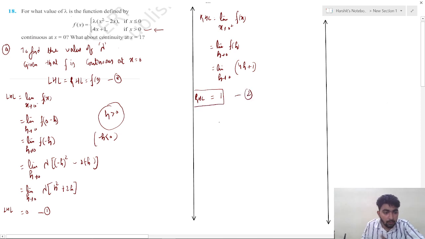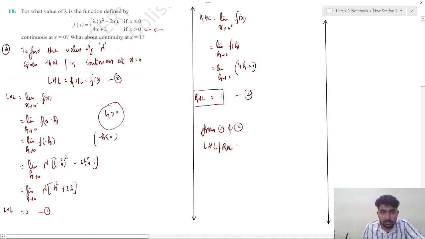But we observe one condition here, that LHL is 0 and RHL is 1. From the first and second equations, we have LHL not equal to RHL.